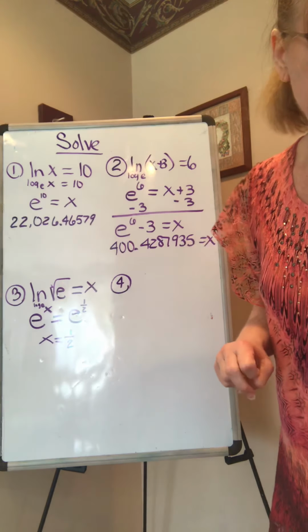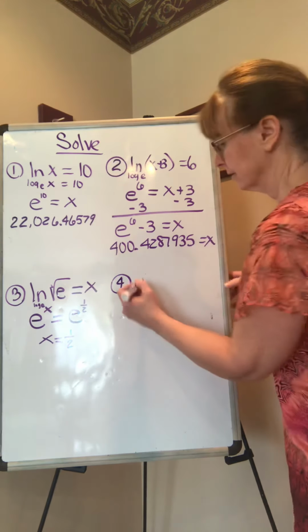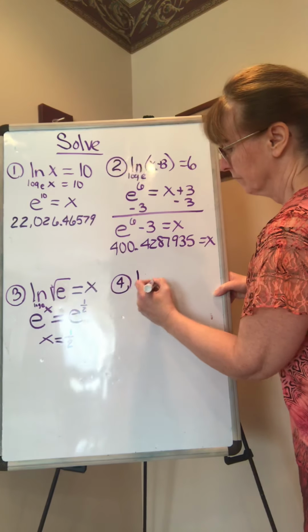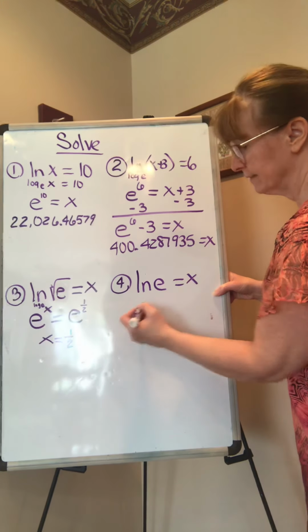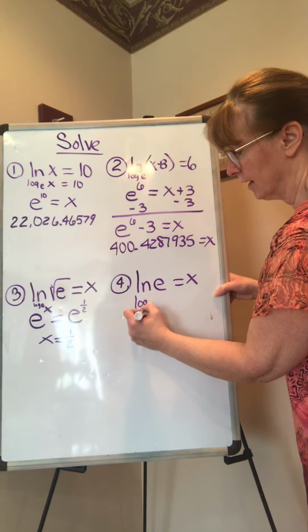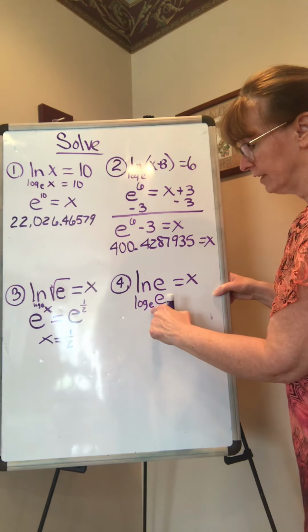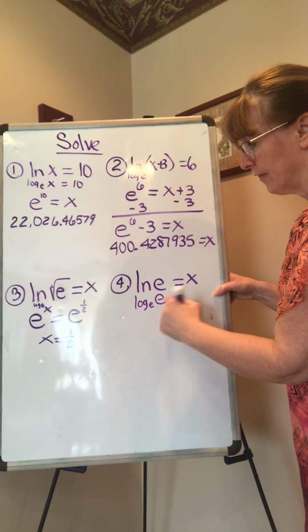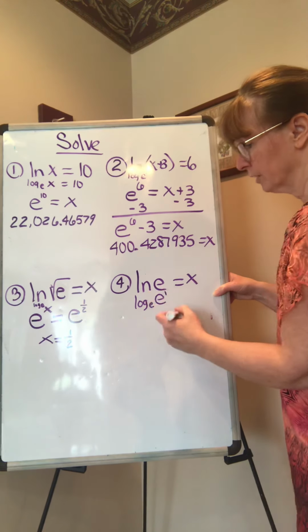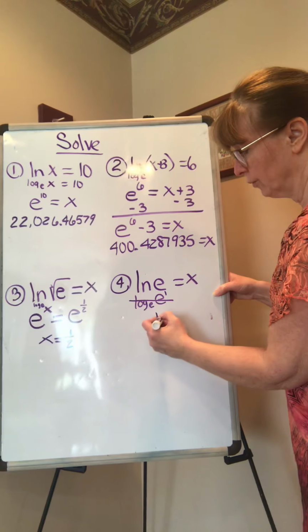Number 4 says natural log of e equals x. Well, we just said a moment ago that the log base e means the natural log, and I have an e and an e, and they're going to cancel to the invisible exponent of 1, so 1 equals x.